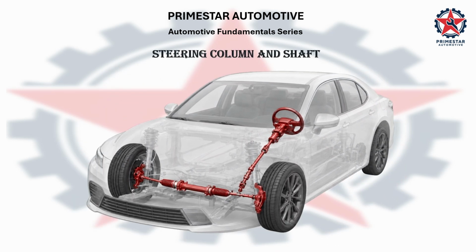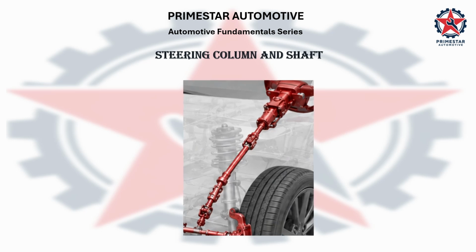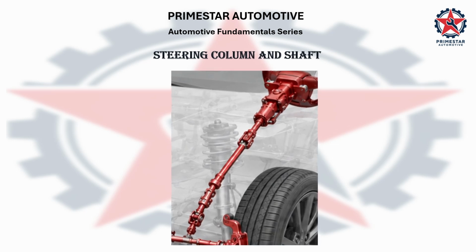The next components are the steering column and shaft. The steering shaft rotates with the steering wheel and carries that movement toward the steering gear. Universal joints allow the shaft to transmit rotation through the angles between the column and the steering gear.